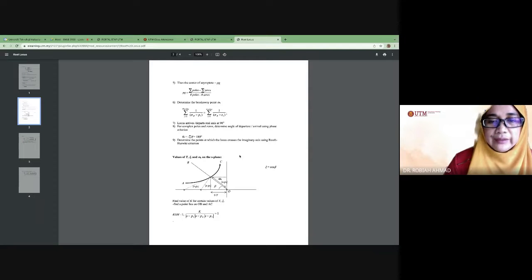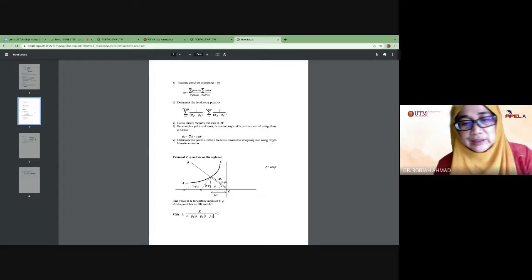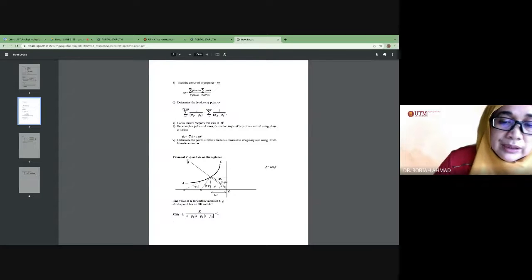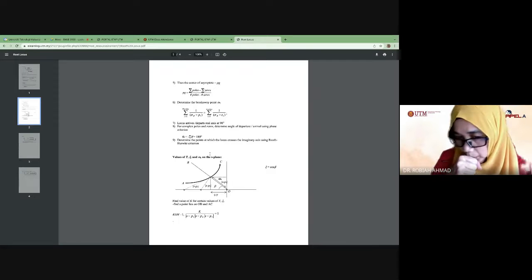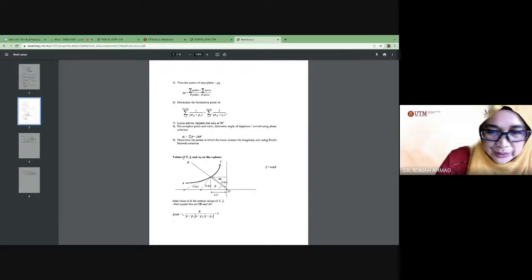Then you will use the last topic that you learned from Dr. Sanius on Routh-Hurwitz criteria. From there, we will use this Routh-Hurwitz criteria to determine the value of K and so on. In the transient response, we find these values.